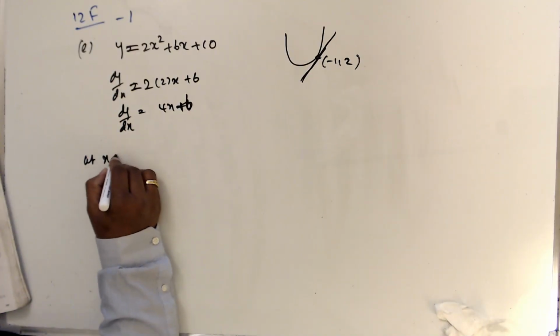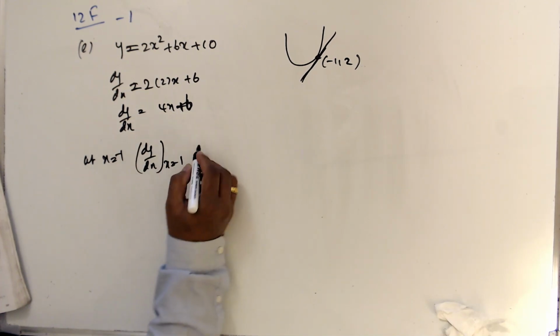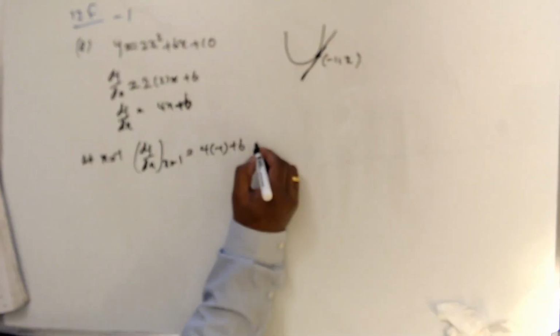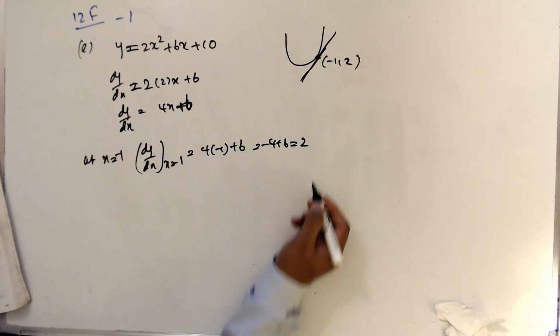At x equal minus 1, dy over dx when x equal minus 1 is 4 times minus 1 plus 6. So this is minus 4 plus 6, which is 2.